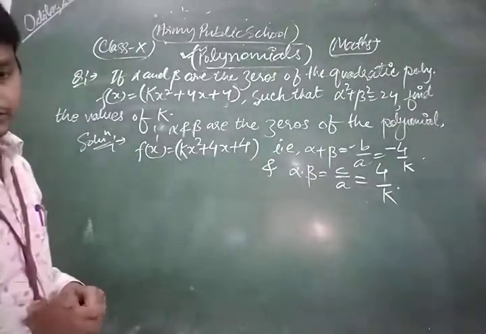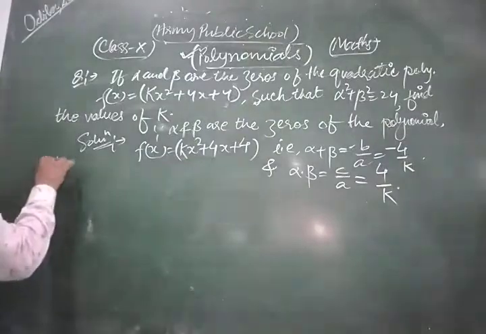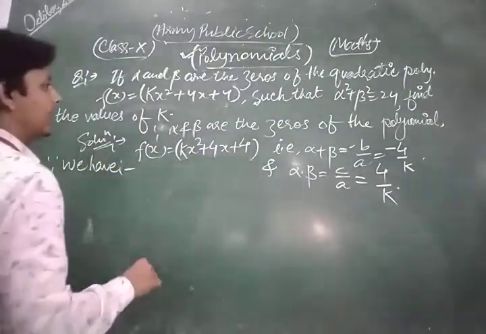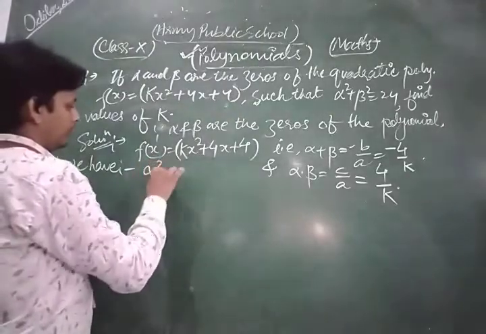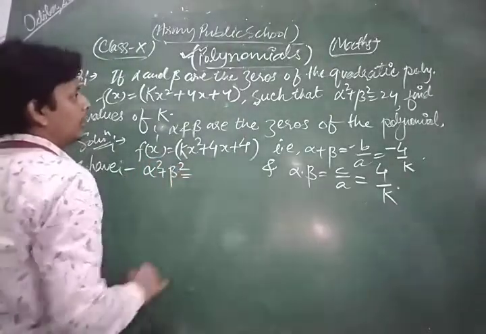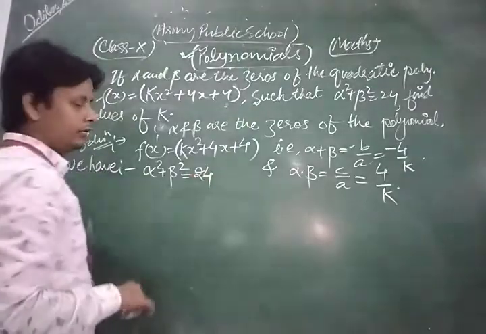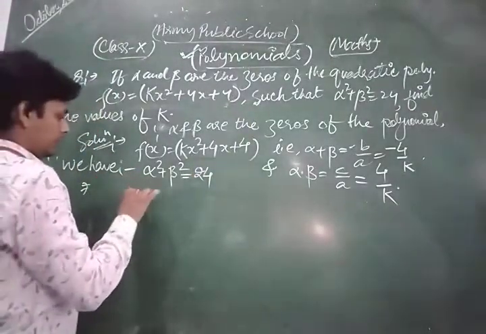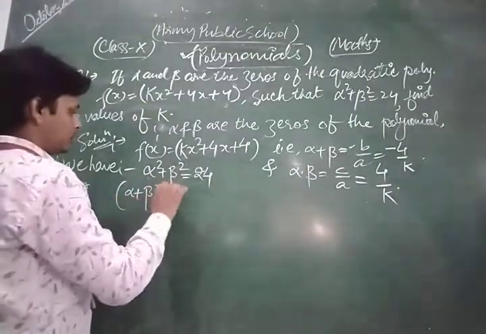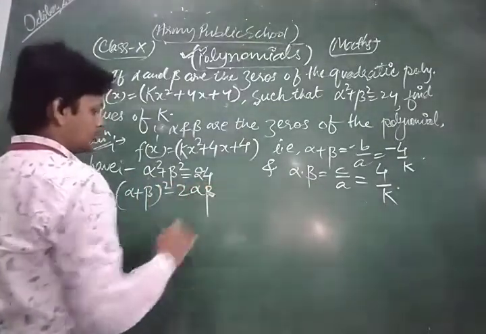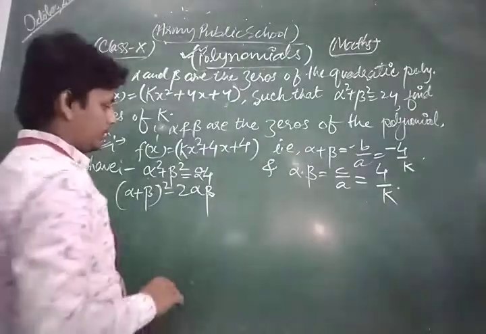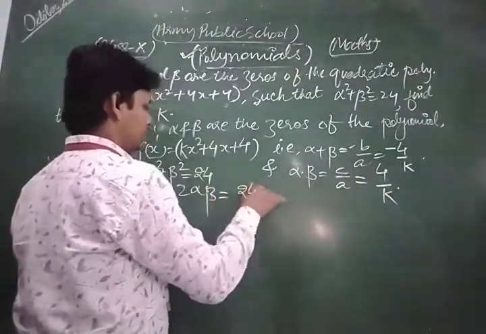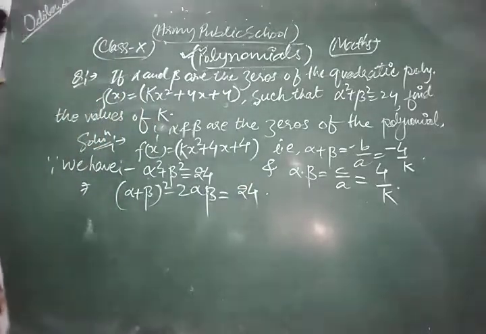Now we have the relation, since alpha square plus beta square is equal to 24, then we can write alpha square plus beta square is equal to alpha plus beta whole square minus 2 alpha beta is equal to 24.